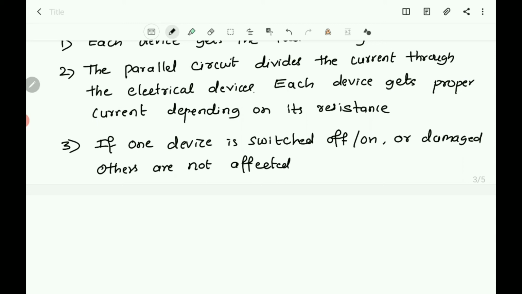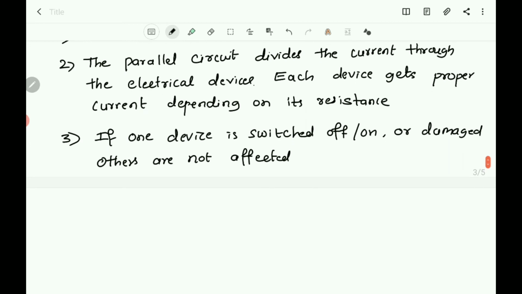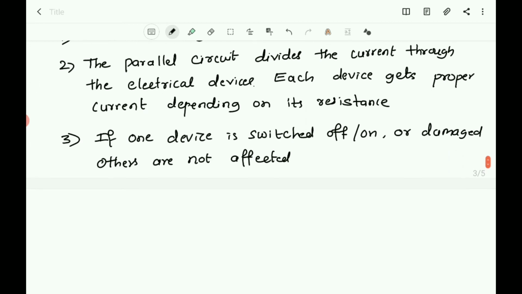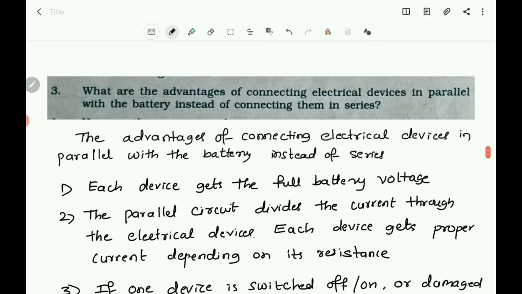They will work themselves. Here there is no problem. If any device is having a problem, the other devices will not be affected by the problem of the damaged device or switched off device. These are the advantages of connecting electrical devices in parallel.